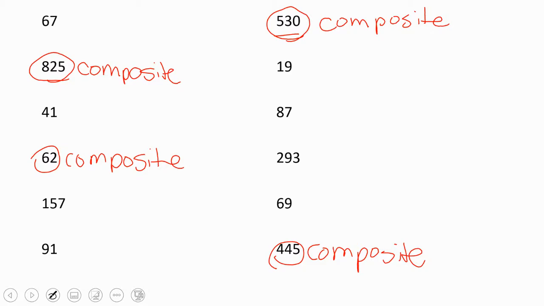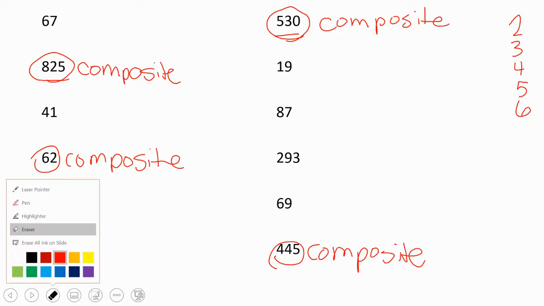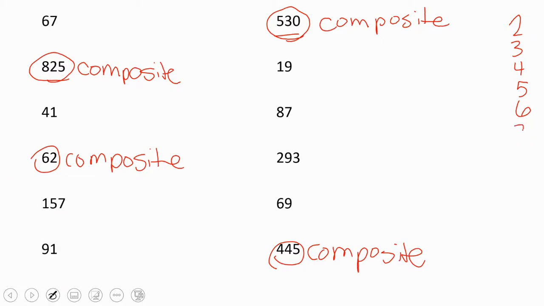So let's look at 67. If I take 6 plus 7, I get 13. That's not divisible by 3 or 9. Now, once you clear out all the even numbers, let me just put these over here. There's a reason that we don't have a divisibility rule for 7, and if you remember me saying it in class, the rule for 7 is kind of confusing.